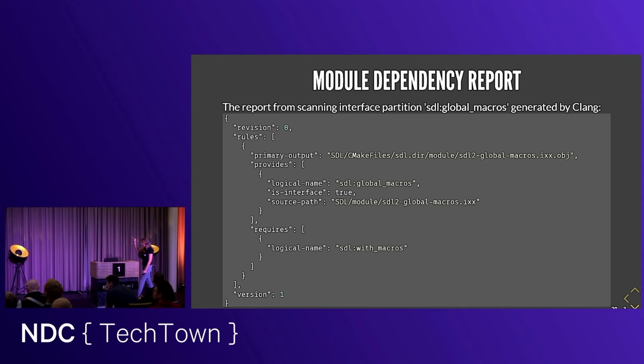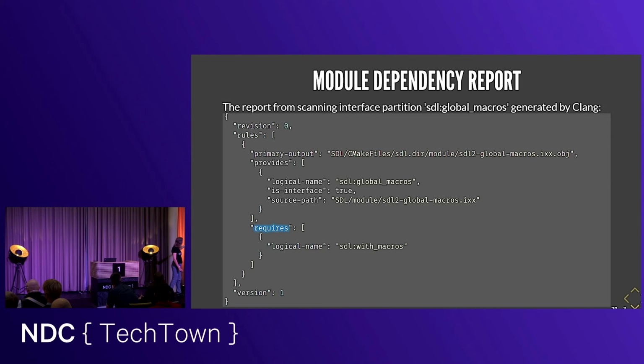In particular, this example is about the module interface fragment at the bottom left. It says the name of this fragment is SDL global macros. It provides this particular interface partition. It is an interface. And by the way, this is the source code of it. And it also requires another module fragment.